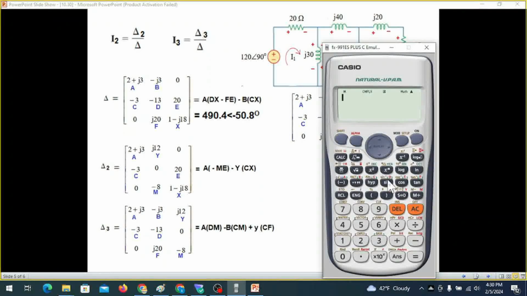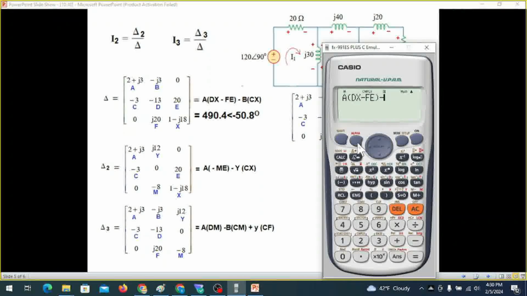Let's recall the calculator, and now we'll solve it. Initially we did not press alpha to get ABCD, but now we have to press alpha to get the ABCD. So this is alpha A, bracket, D X. Every time we have to press alpha. Alpha D, alpha X, minus FE, alpha F, alpha E. This one is done, bracket closed, minus BCX.